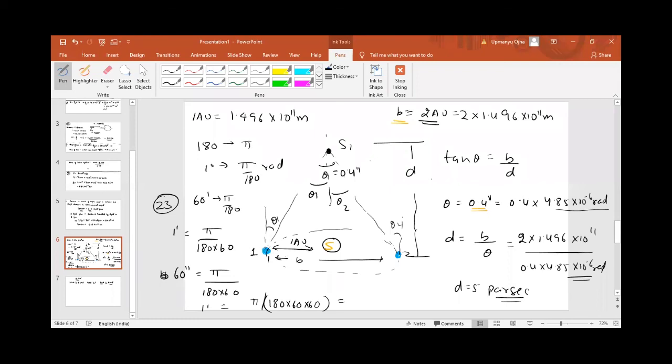The distance between Earth and Sun is 1 astronomical unit. So after 6 months, the Earth would be exactly on the opposite side. So how much distance the Earth has traveled after the span of 6 months? That is B. That B will be equal to 2 astronomical unit, and 1 astronomical unit value is 1.496 into 10 to the power 11.